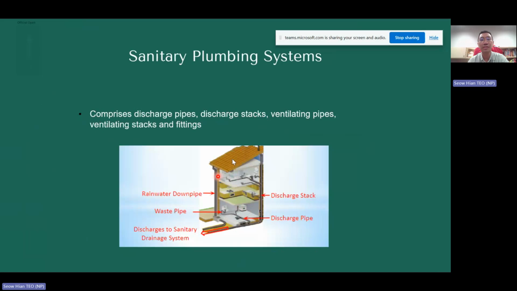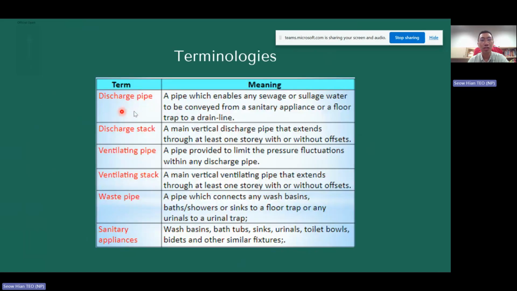So the sanitary piping system has a discharge pipe, right? There's a ventilation pipe, ventilation stacks and fittings around. And the discharge pipes include the discharge stack, ventilation pipe, ventilation stack, wastewater pipe, and sanitary appliances.